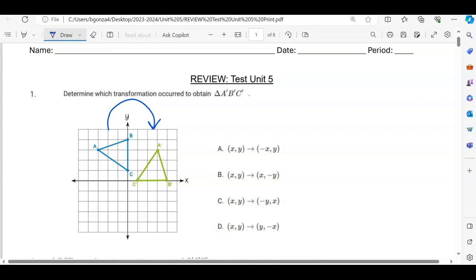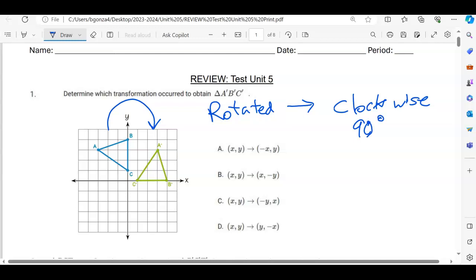This actually has been rotated to the right, right? And when you go to the right, that is clockwise. Now, if it only goes this far, that's 90 degrees. So what we need to do is find a rule for clockwise rotation 90 degrees.